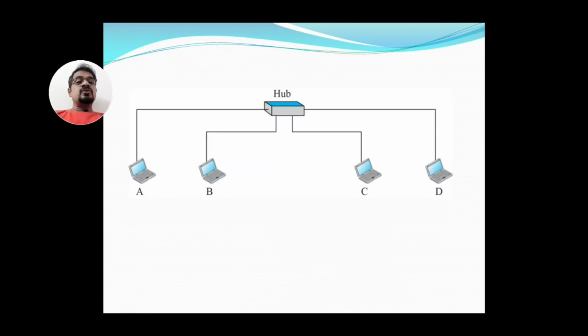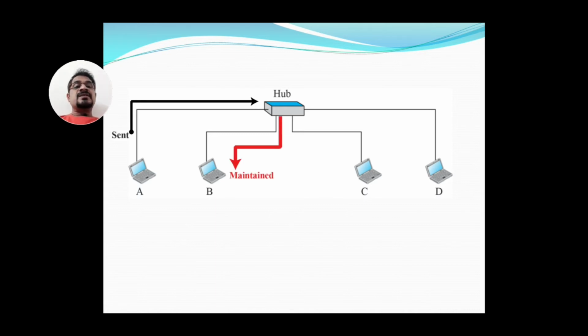Now in this diagram, you can understand this concept very clearly. We have considered one hub with 4 systems connected, named A, B, C and D. Now A is going to send data to the hub.